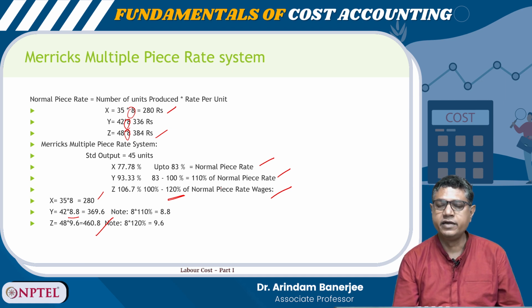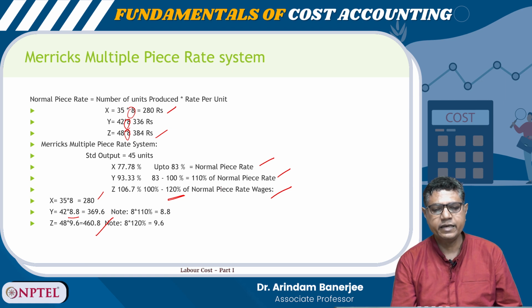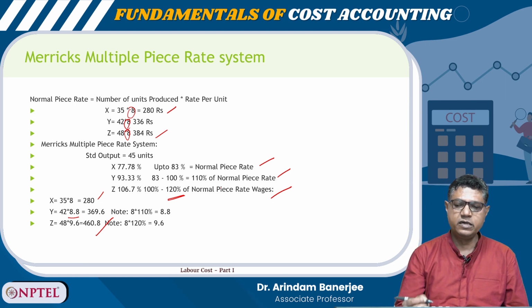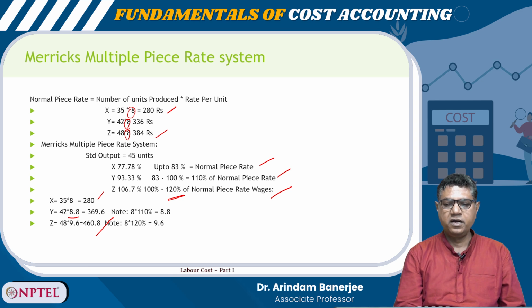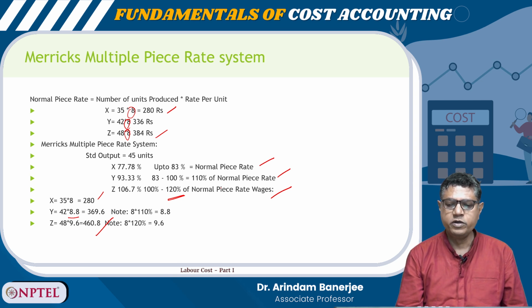A normal piece rate if we take, then we can simply take that 35 into 8, 280 rupees, and for Y it is 42 into 8, 336 rupees, and Z it is 48 into 8, that is 384 rupees. But under the Merrick's multiple piece rate system, for up to 83%, right, they can get the normal piece rate.